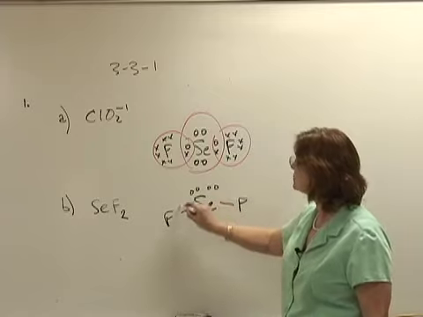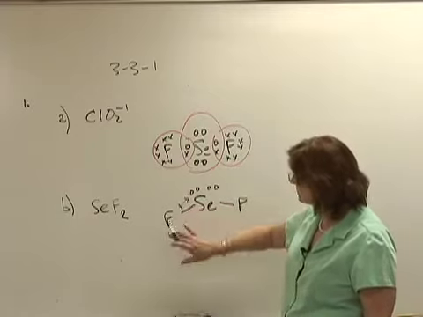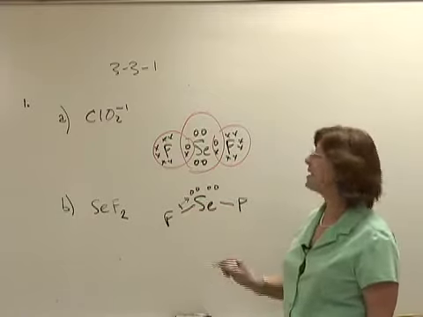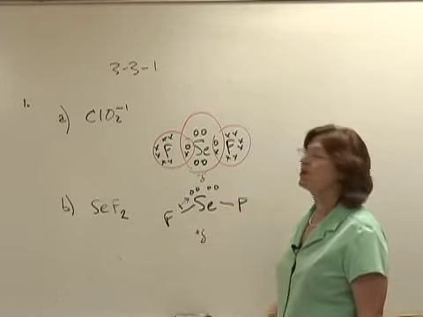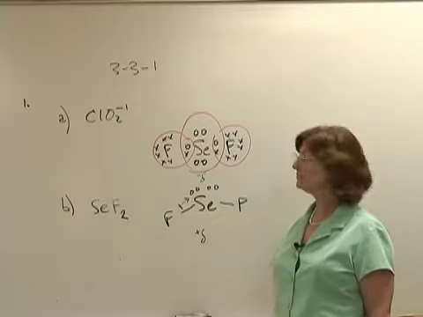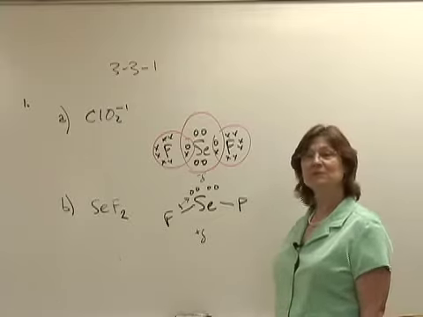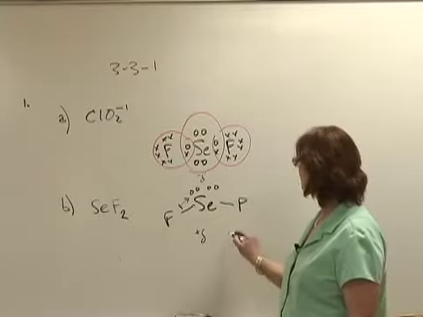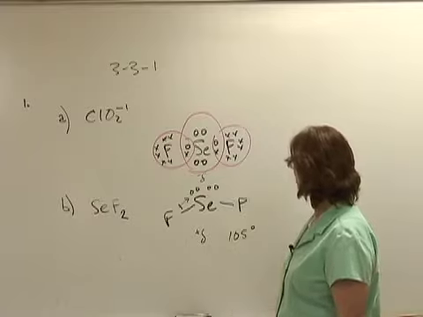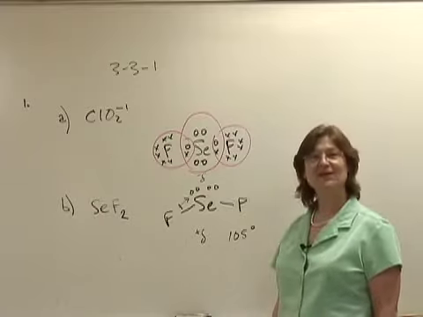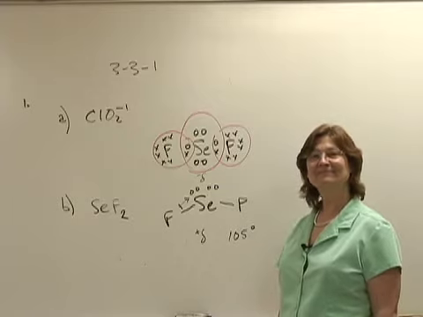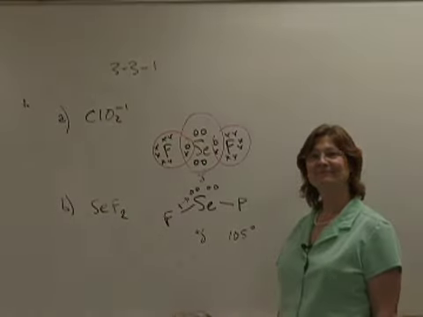We see that the electrons are pulled, the negative is pulled where the lone pairs are, and we show that this is slightly negative on this side and slightly positive on the other side of the molecule. And therefore it's polar. And the angle would be 105 degrees. And there you have it.